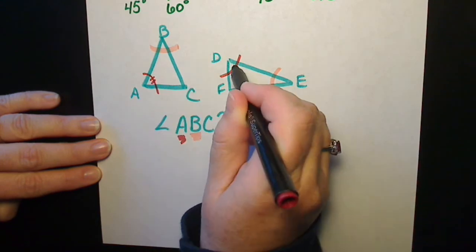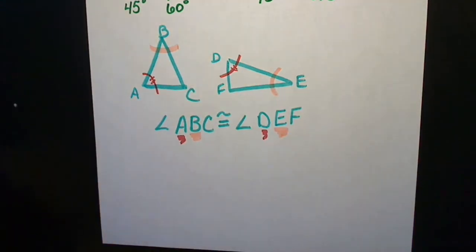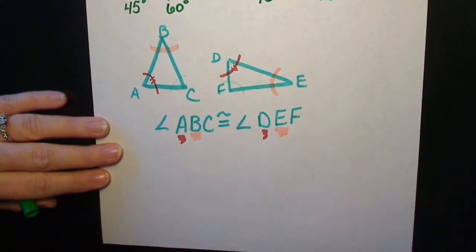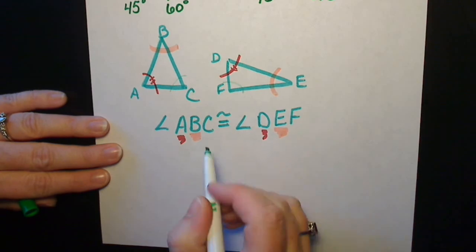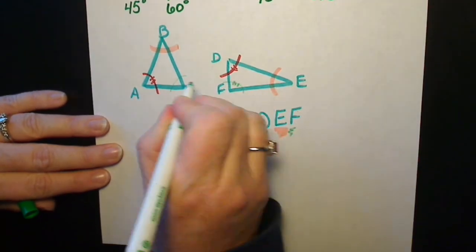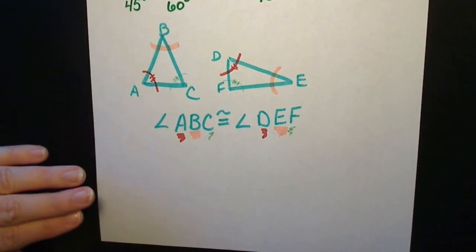So those two angles have the same measurement. And last but not least, this one and this one, they're both third. And so they have the same measurement.